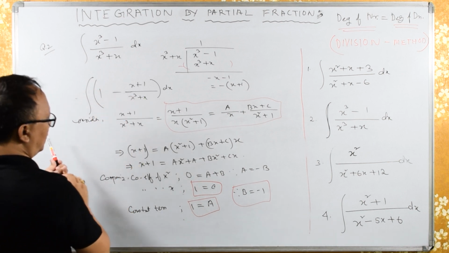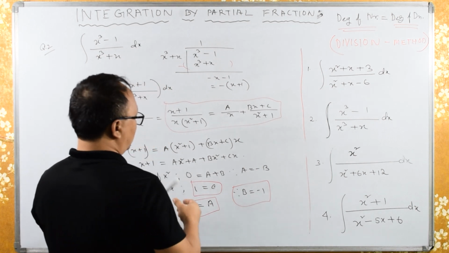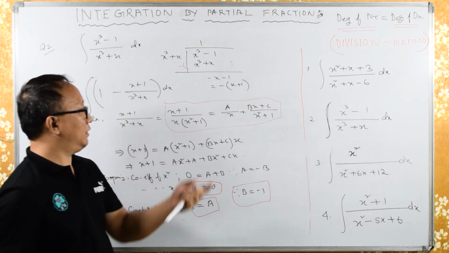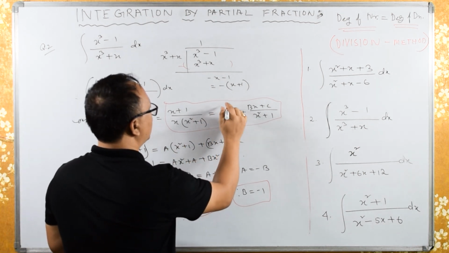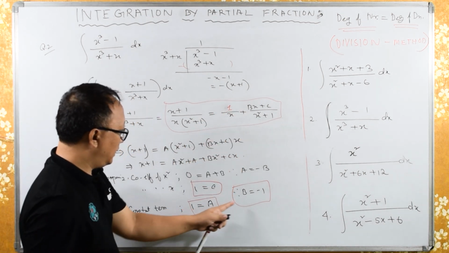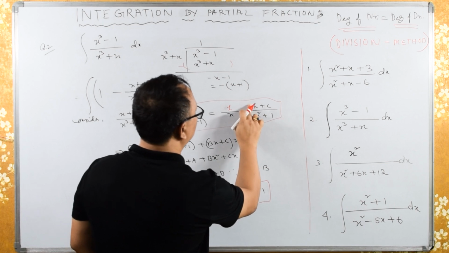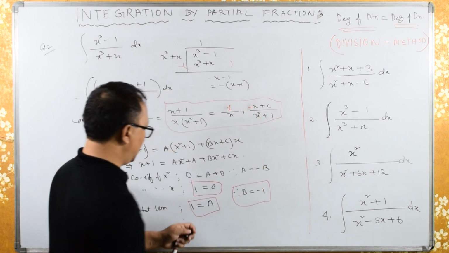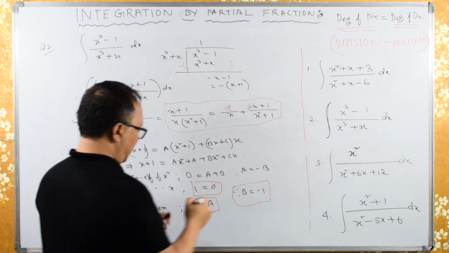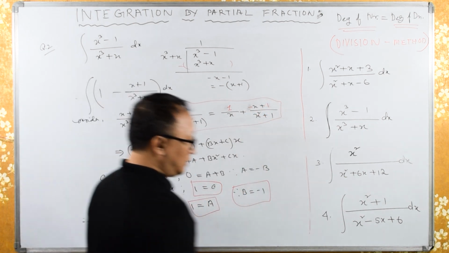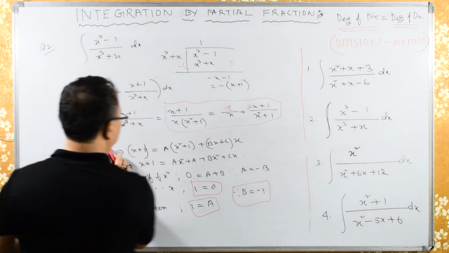I will substitute directly over here. Here A is 1, so I will write A is 1 and B is minus 1. Here I will write minus x. C is 1, here I will write 1. After substituting, we'll integrate.